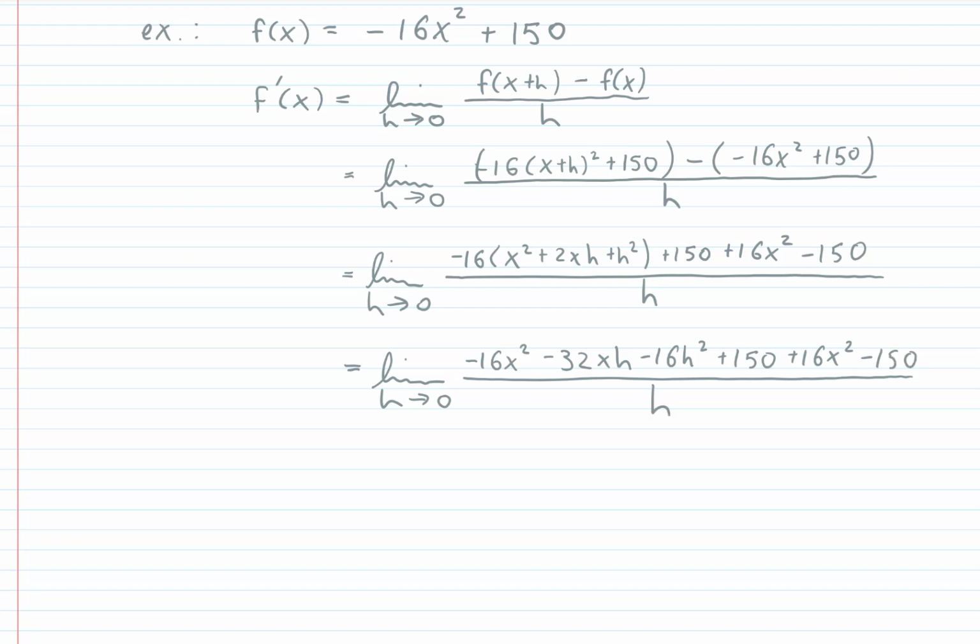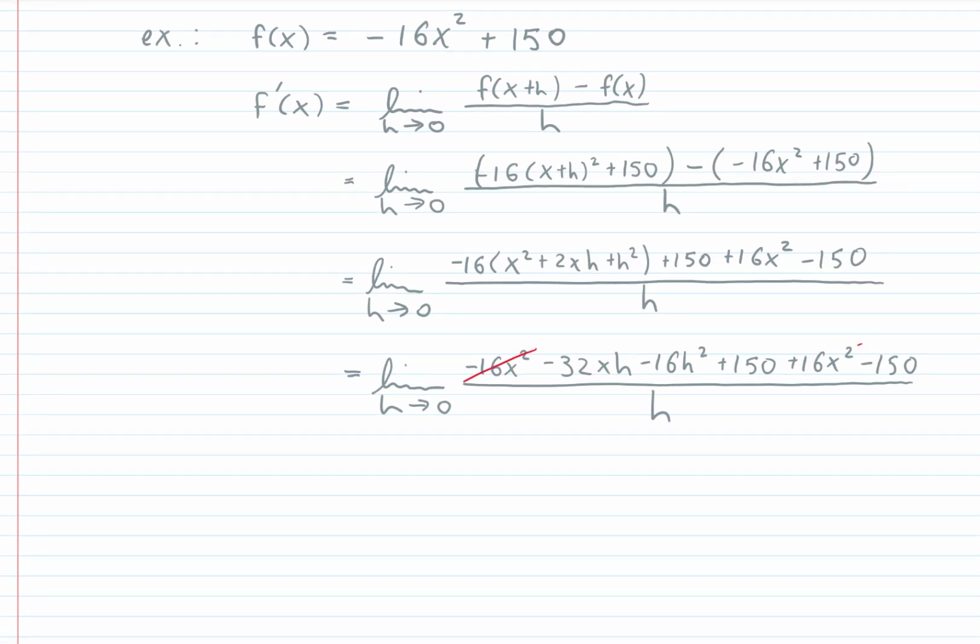Let's see what we can get rid of. The 16x squareds disappear and the 150s disappear, which leaves us with very little on top.